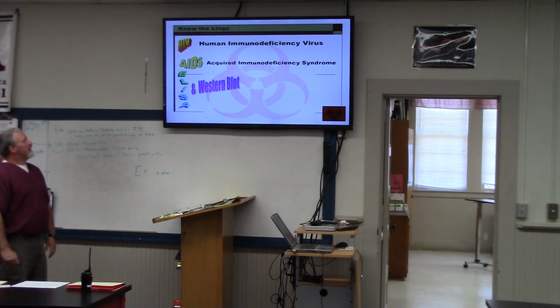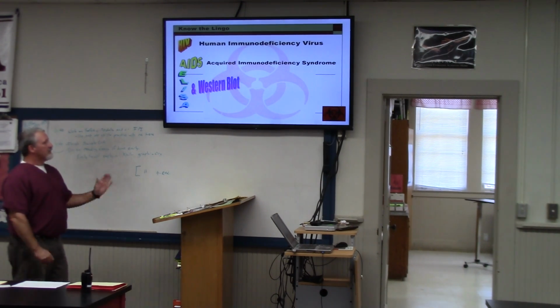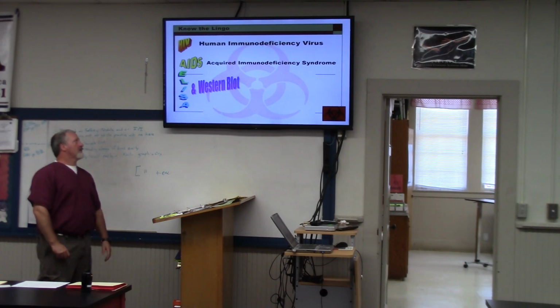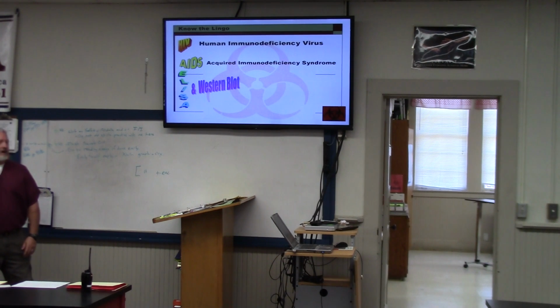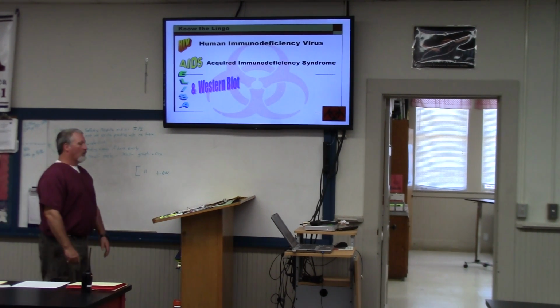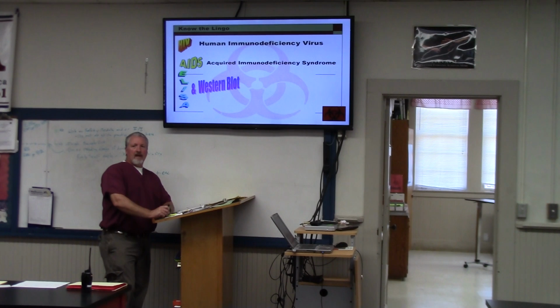The tests for HIV and AIDS, the most common ones, there are more out on the market now, but these were the first two: the ELISA test and the Western blot test. Both of them were protein assays. They checked for a particular protein that was in the HIV virus, or a protein that your body would produce if you caught it. Okay?